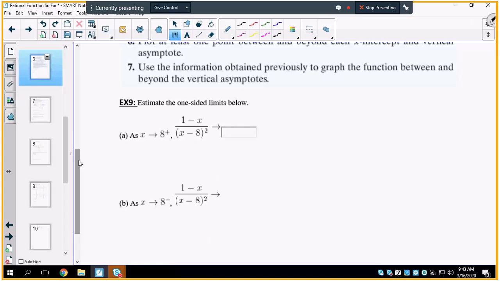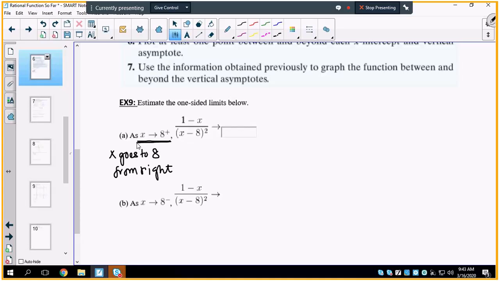We're going to talk about two different notations. If I say x goes to 8, and in the power I write plus, it means x goes to 8 from the right. And this expression is talking about the sign of the infinity. Remember, these are vertical asymptotes.